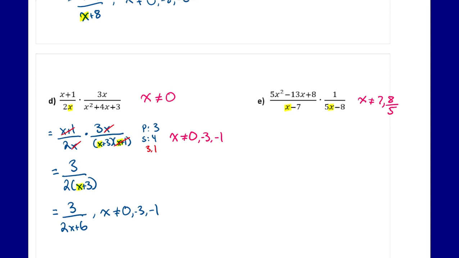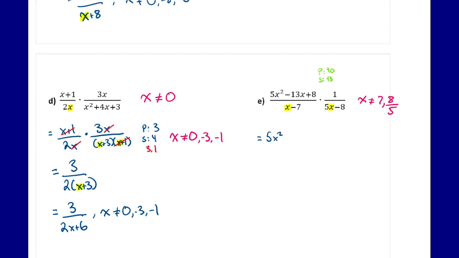I can't factor anything in the bottom, but I can factor the top. So I can factor this 5x squared minus 13x plus 8. So I'm looking for 2 numbers that multiply to 40, but they add to -13. So I would have -5 and -8.